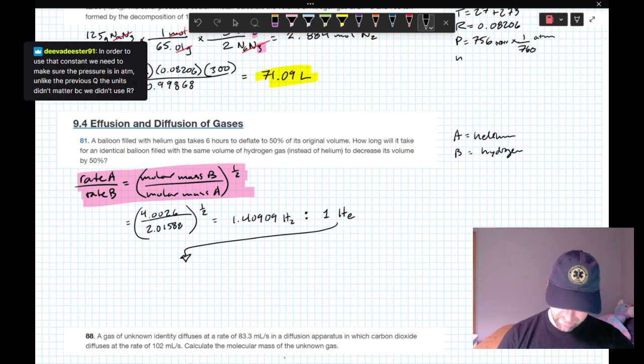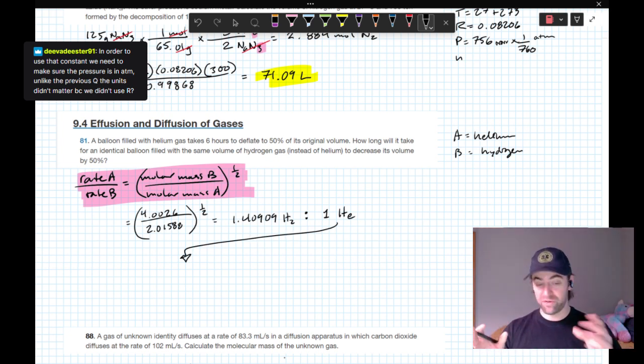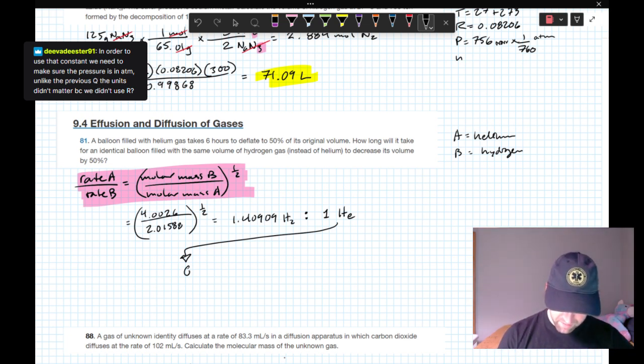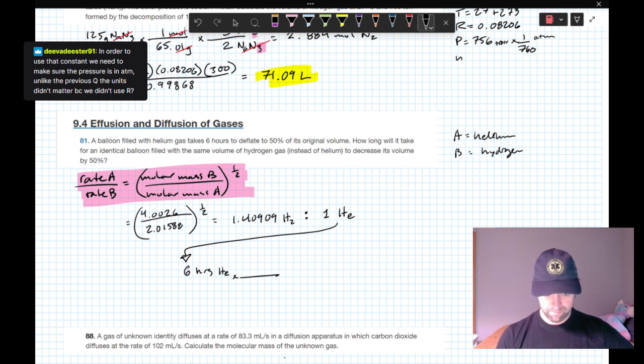Now we have a ratio that we can work with, right? If helium took 6 hours, I'm just going to put helium off to the side here. I actually want to write this as a dimensional analysis because I've been writing it that way for all of the others.